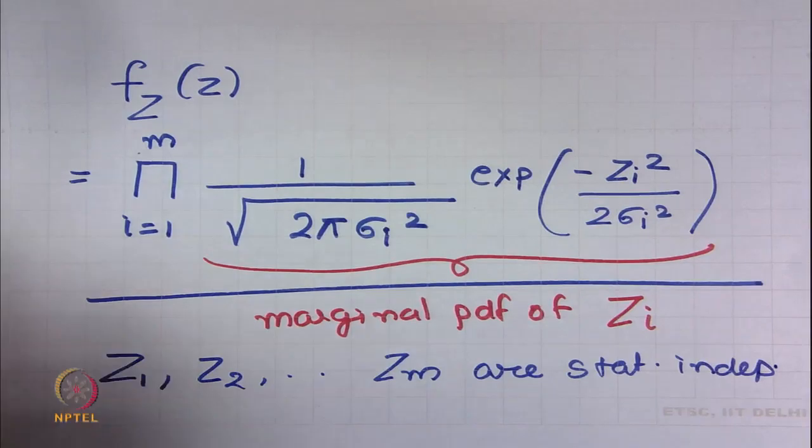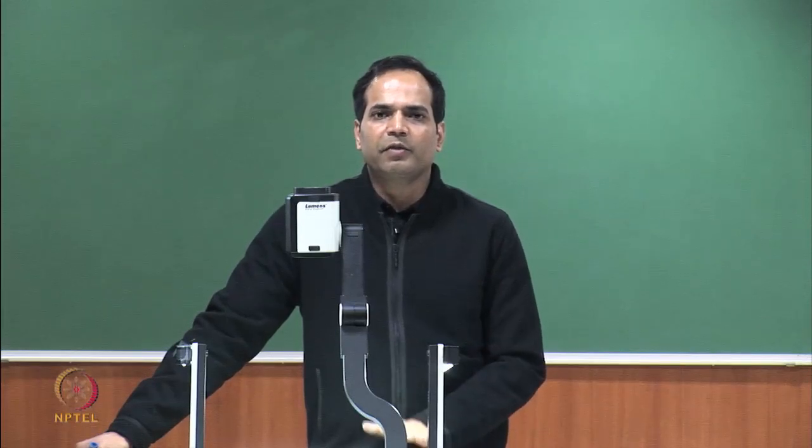This is a proof that when these random variables are jointly Gaussian, and if they are also uncorrelated, then they are also statistically independent. That means uncorrelated jointly Gaussian random variables are always statistically independent.